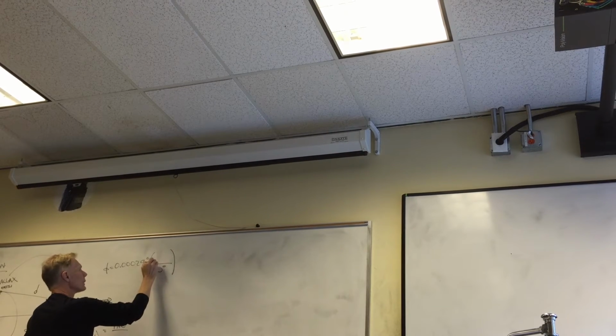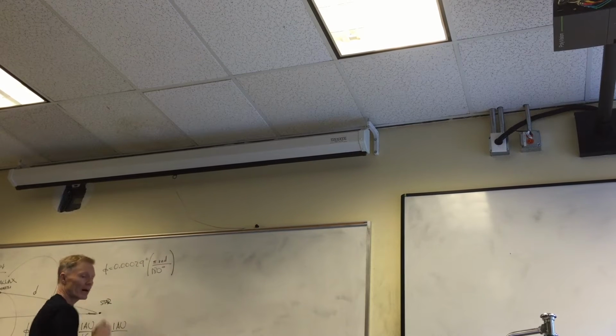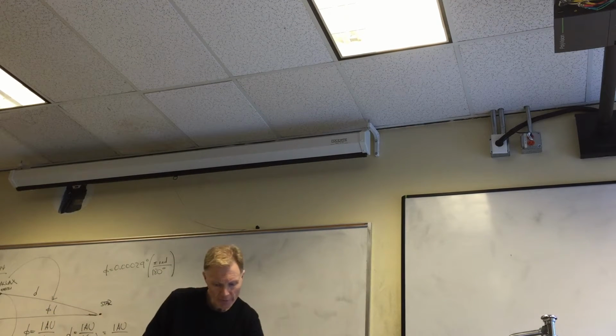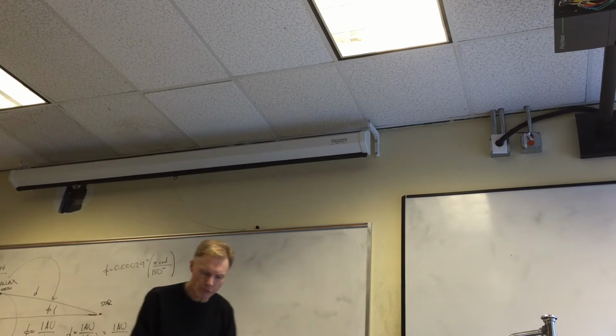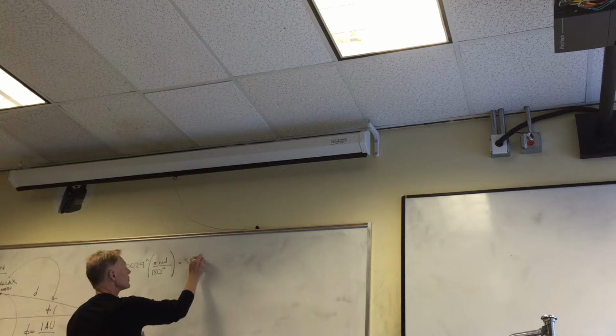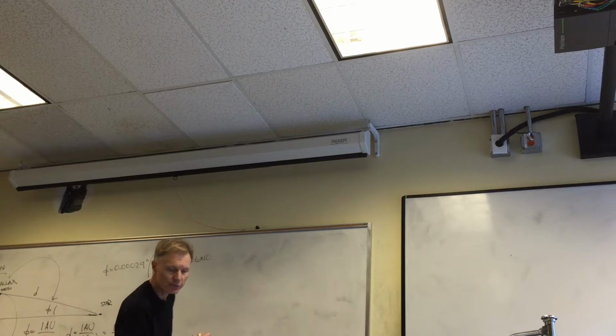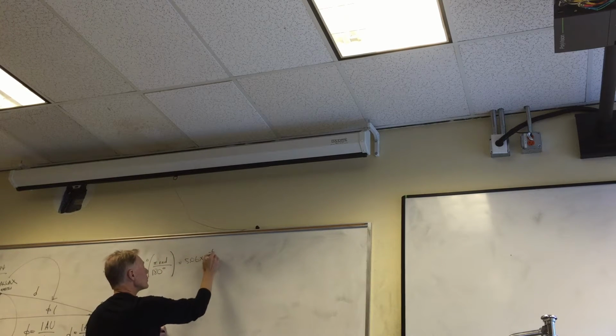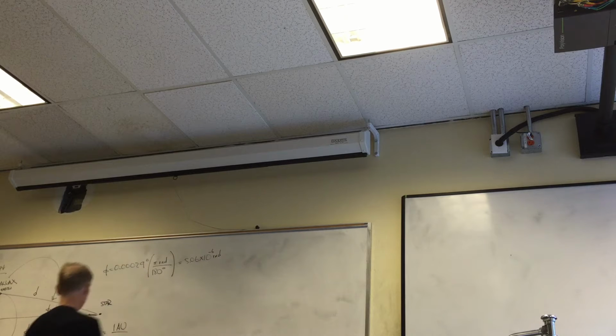180 degrees will be pi radians. And what that does is, I ended up with 5.06 times 10 to the minus 6 radians.